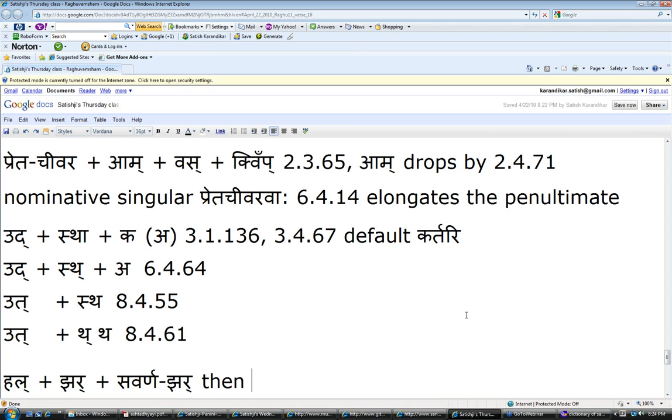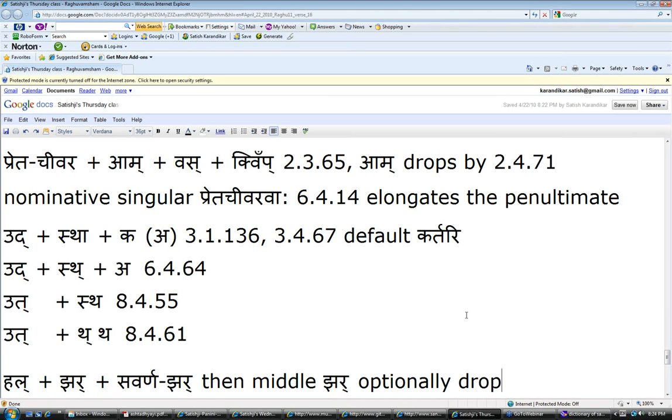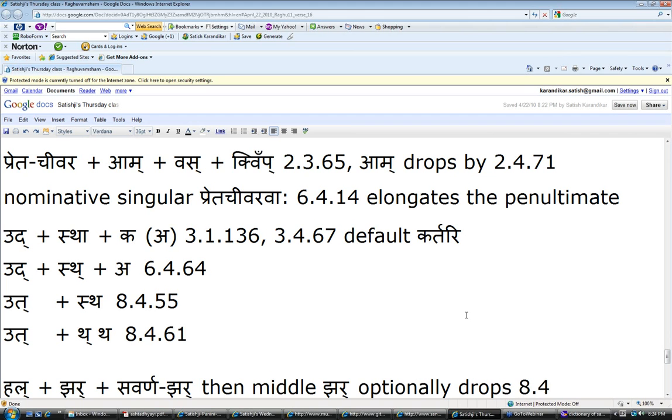That's what this sutram says. Optionally drops, by the 8465.